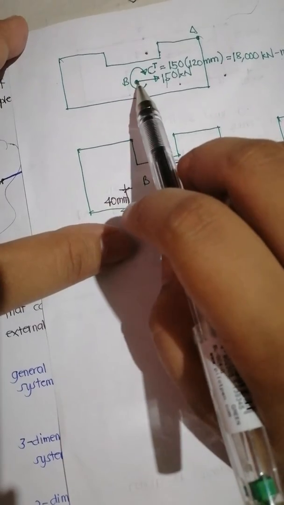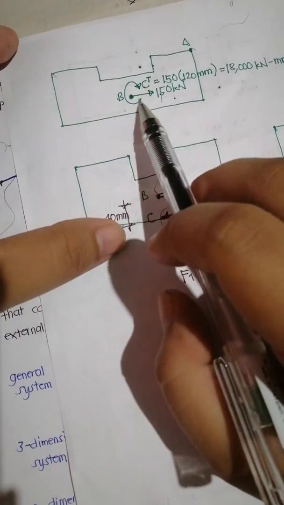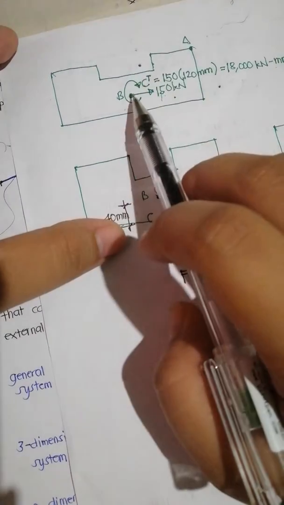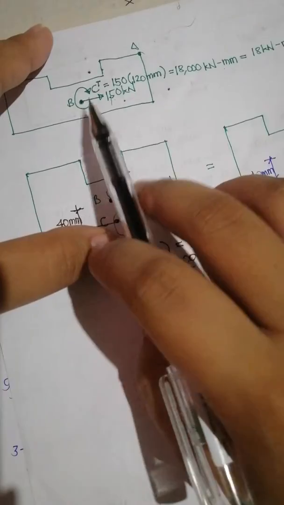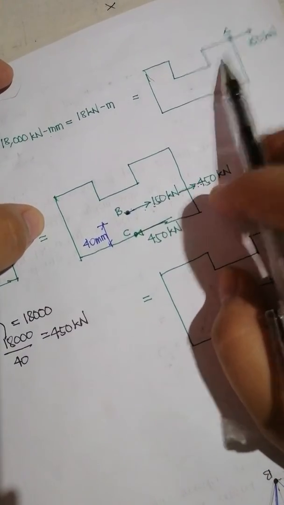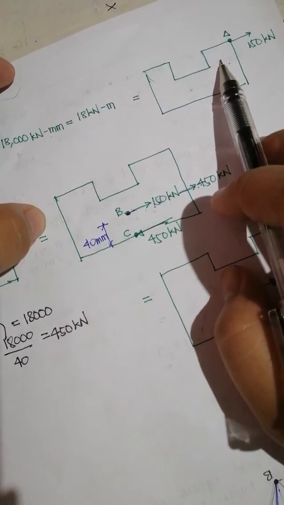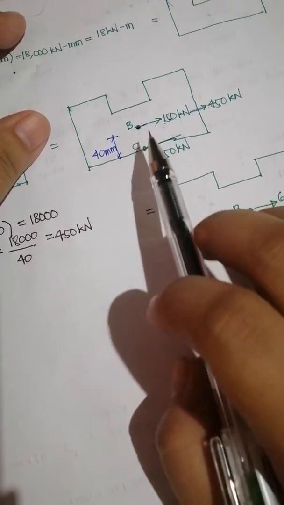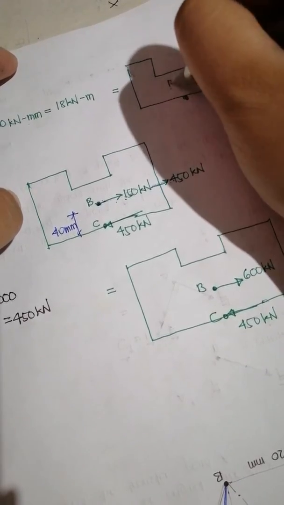Therefore, for this original force system, its equivalent force couple system is this one. We have the force at B, 150 kilonewtons, and a couple of transfer, because of transferring it from point A to point B, of 18,000 kilonewton mm. But if we replace this with a force system of two horizontal forces, one acting at point B and one acting at point C, the result is this one.